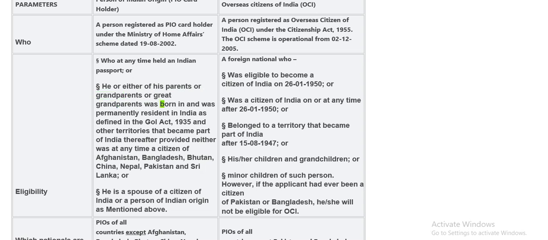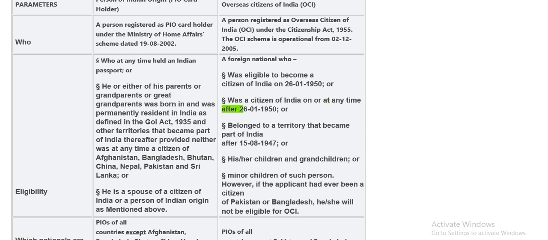Eligibility. Section A: who at any time held an Indian passport, or Section B: he or either of his parents or grandparents or great-grandparents was born in and was permanently resident in India as defined in the GOI Act, 1935 and other territories that became part of India thereafter, provided neither was at any time a citizen of Afghanistan, Bangladesh, Bhutan, China, Nepal, Pakistan and Sri Lanka, or Section C: he is a spouse of a citizen of India or a person of Indian origin as mentioned above.